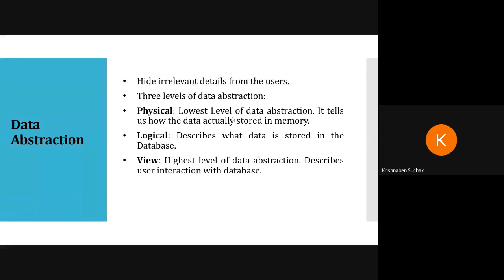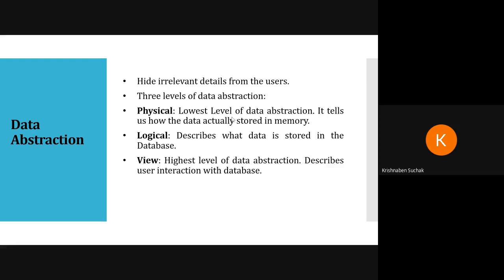What is data abstraction? To hide some irrelevant information from someone, that is data abstraction. For example, let us take the example of an online system. In the admin's view, the admin can see product code, product quantity, product price, product name, every detail related to the product.